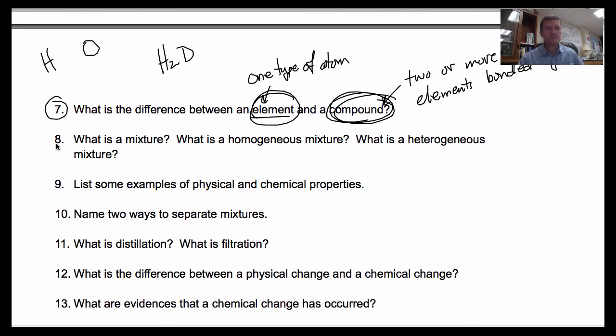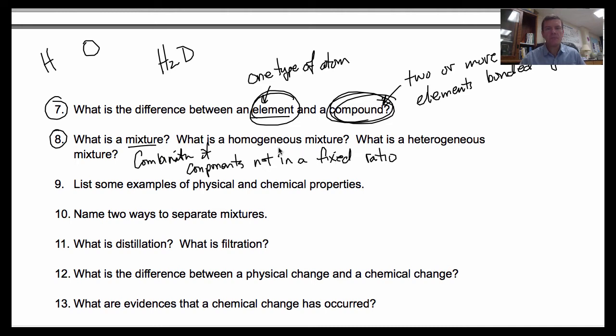Number 8, what is a mixture? A mixture is just a combination of different components, not in a fixed ratio.